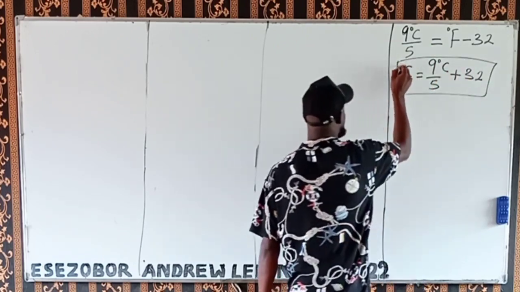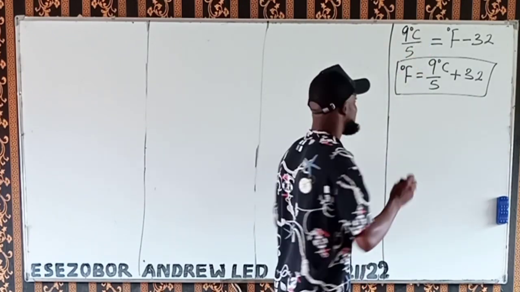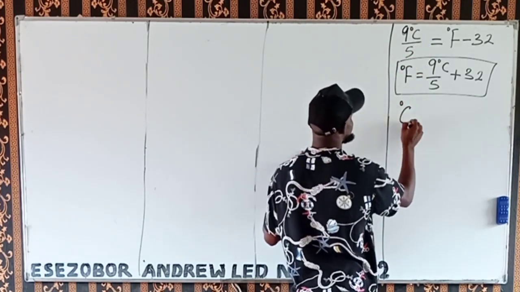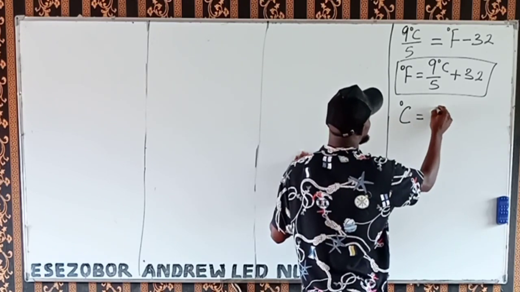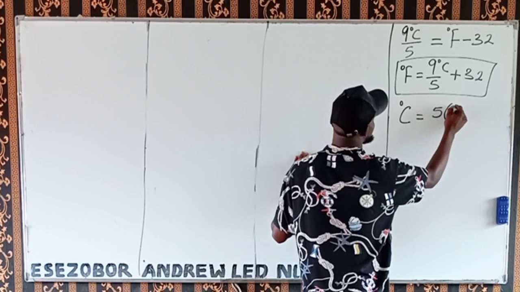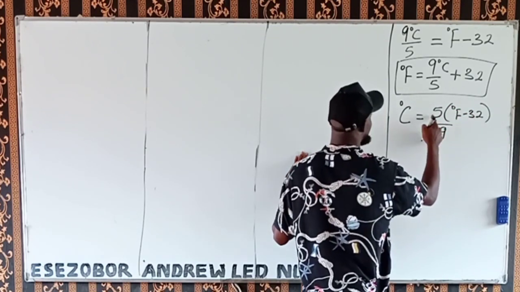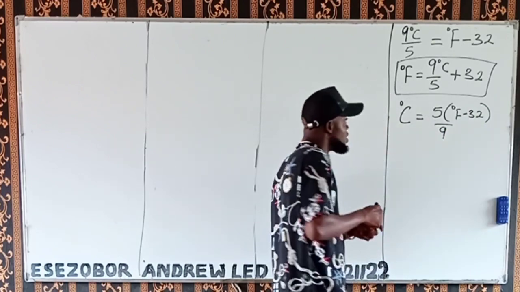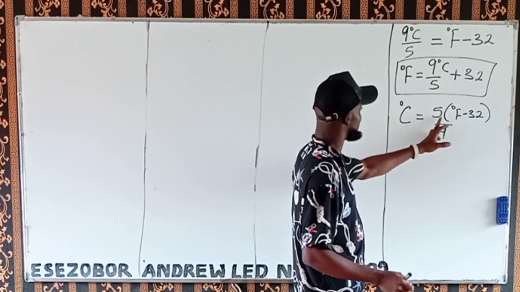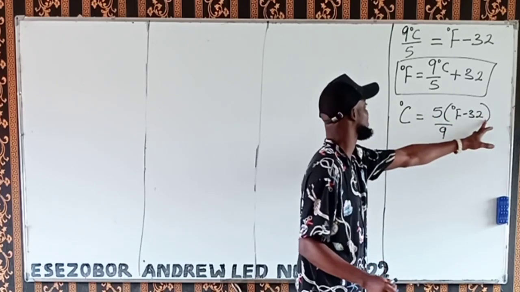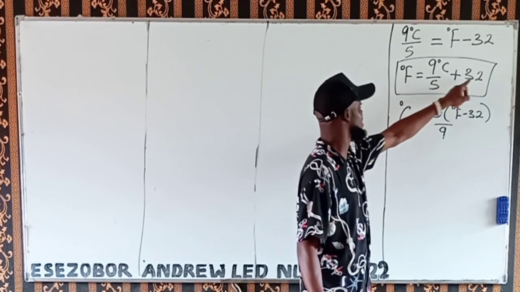Remember the first one we had when we made degree C the subject of the formula: degree C is equal to 5 over 9 bracket degree F minus 32. If you check this and this now, you discover that there's a bracket between this 5 and these two terms. In this one, there's a bracket around the degree F and this 32.